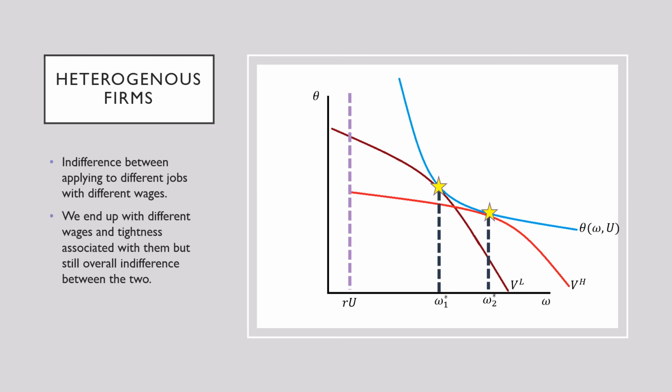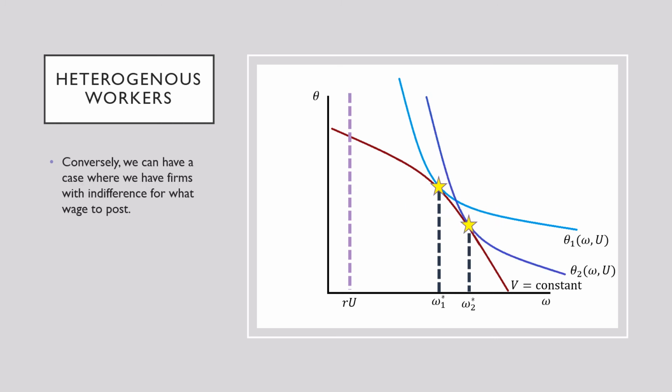When we have these two types of firms, we see that there's an indifference between applying for jobs with these different wages, because there is this trade-off between the probability of finding a job and the wage associated with it. So that's the main thing characterizing our equilibrium.